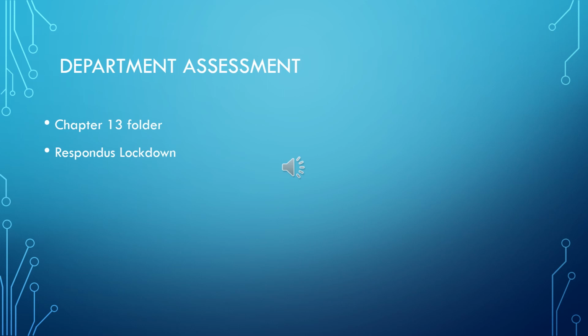If you've not used it before, you'll need to download the application. And if you can't download an application to your computer, there are computers on all the Chattahoochee campuses that have the Respondus LockDown, and you have to use it in order to take that particular test. Again, that test is in Chapter 13's folder, and all the information is there inside that folder.